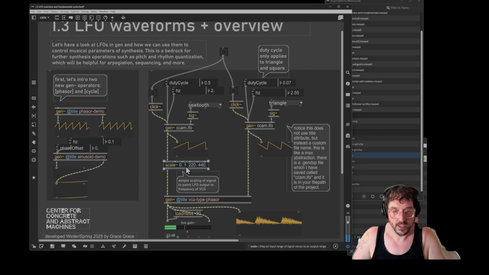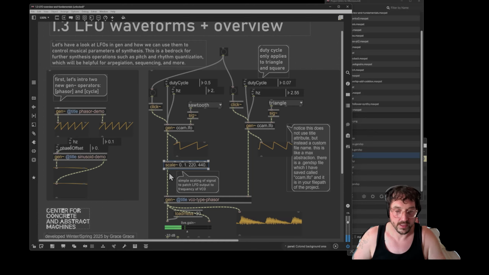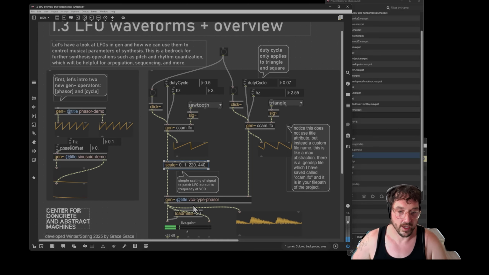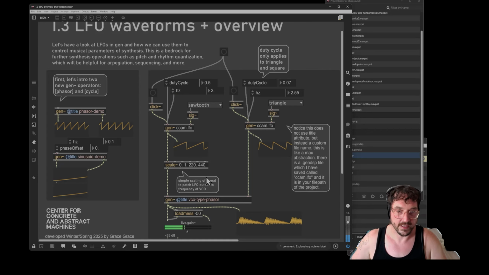So movements between 0 and 1 will scale to 220 to 440. This could happen inside of Gen 2. I'm just putting this outside of here mostly for pedagogical purposes, so it's clear how the signal is being transformed before it goes into the phasor.